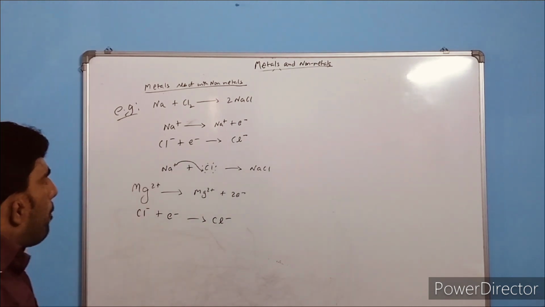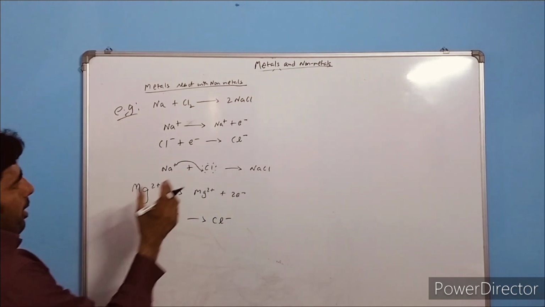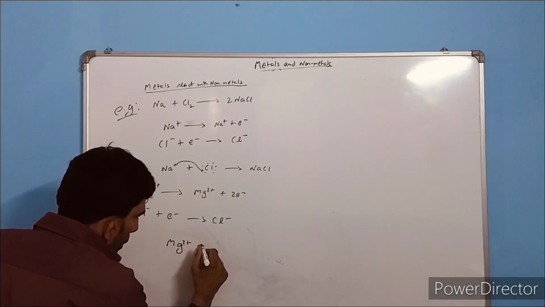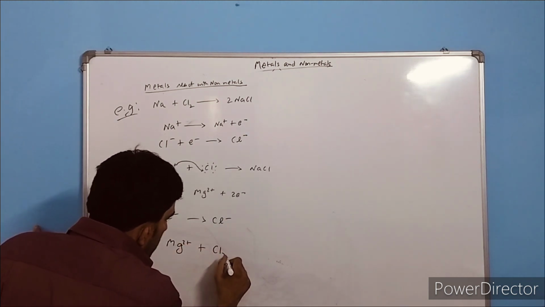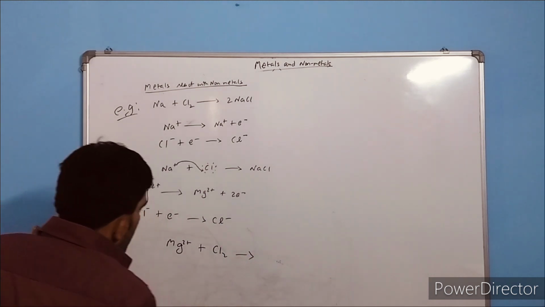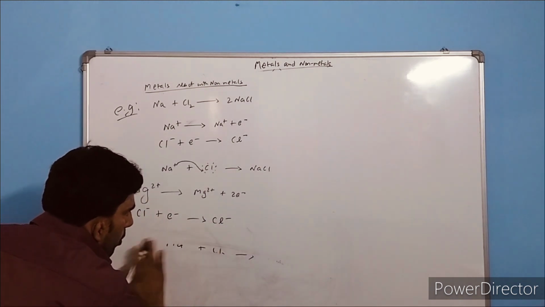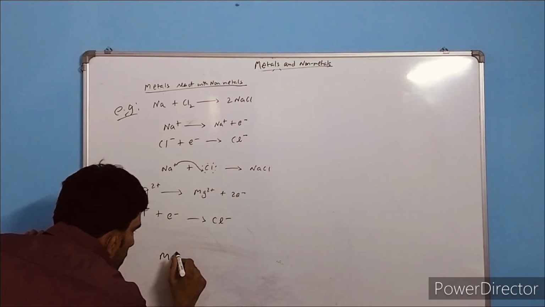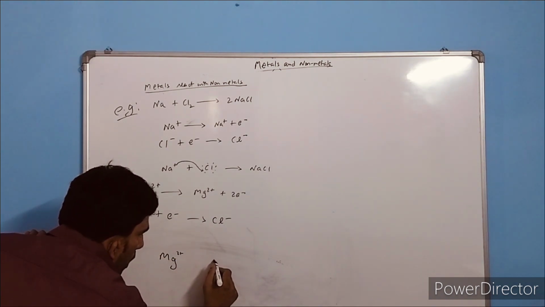Now this is a metal and a non-metal. So finally, when Mg2 plus reacts with chlorine Cl2, what will happen? It will form Mg2 plus, and I have chlorine.